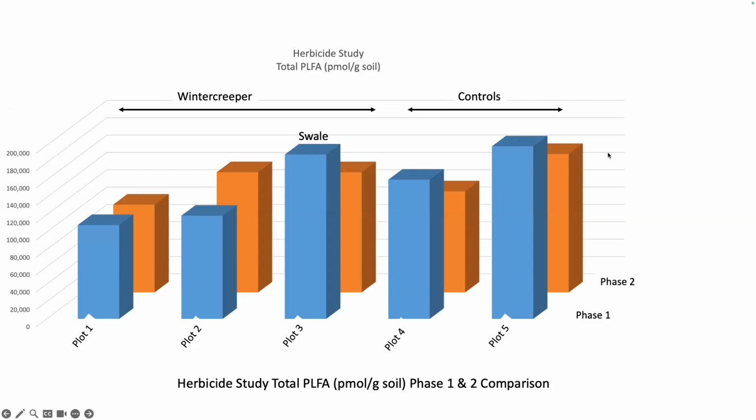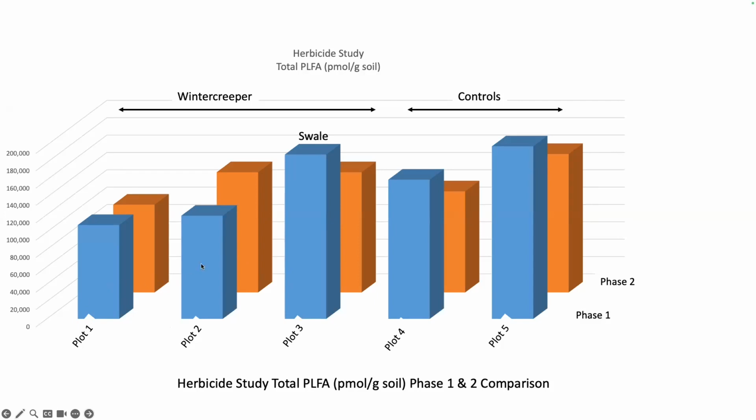And then I'm also looking at the different plots, just trying to compare these values a little bit better between, oh, I've changed the axis on you. This is phase one, phase two. When you look at the evergreen ones, ignore the swale for a minute.